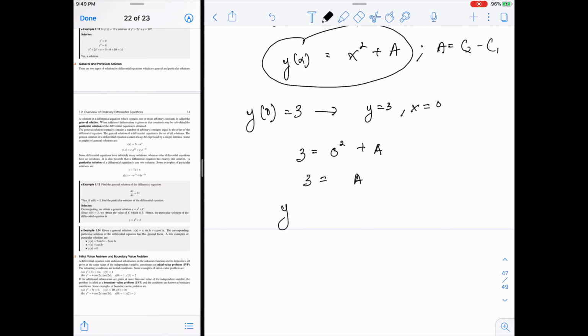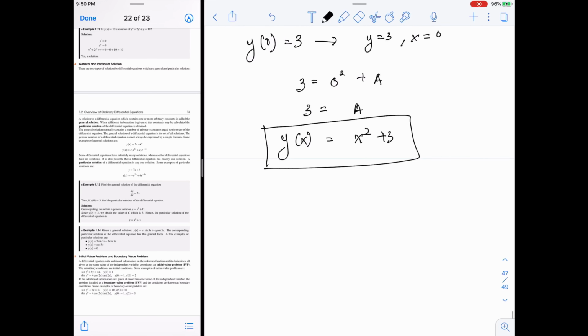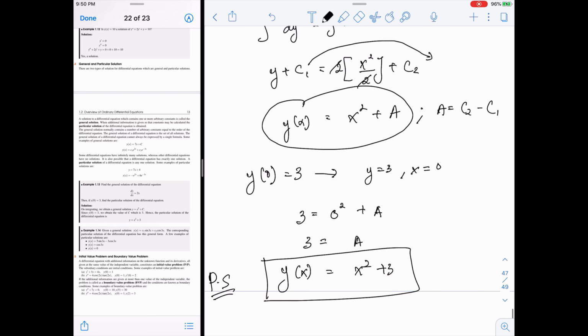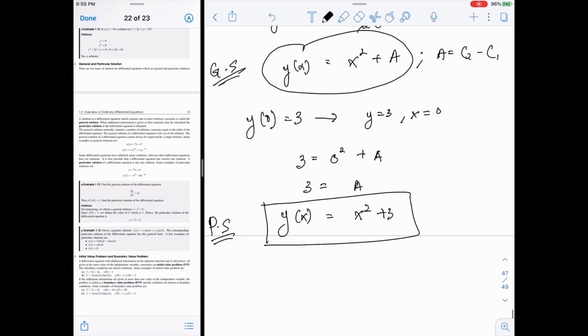So for the final answer, you substitute back, and you get x squared plus 3. Since there is no element of unknown constant, it's completely solved, so we call it a particular solution. And the previous one we call a general solution.